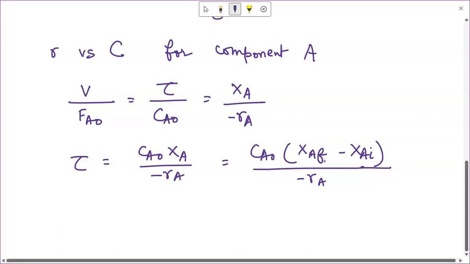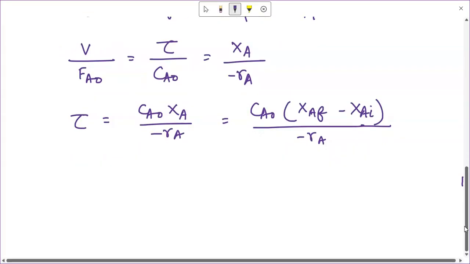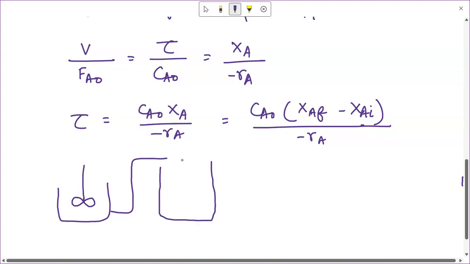All right. Now let's say you take into consideration one case study where we have unequal sized mixed flow reactors. Let me draw it out for you and write the notations. So this is one mixed flow reactor. From here we have another mixed flow reactor.